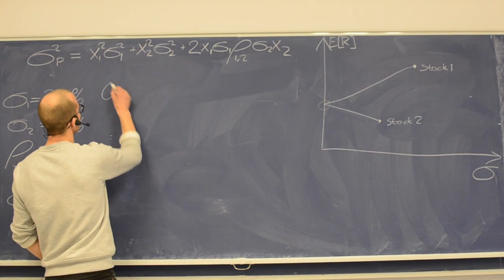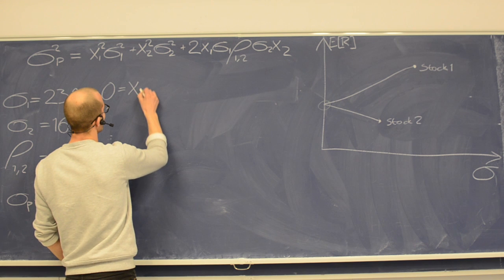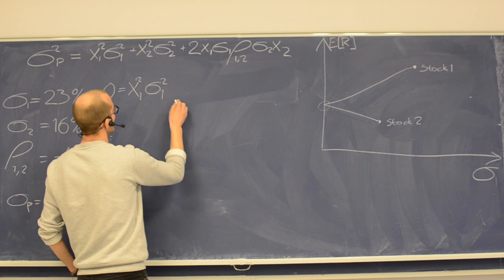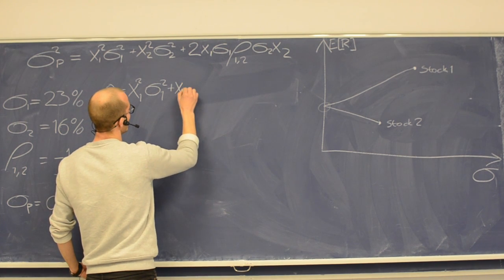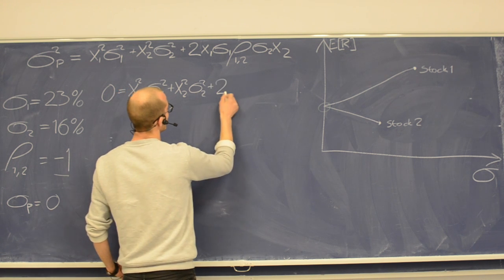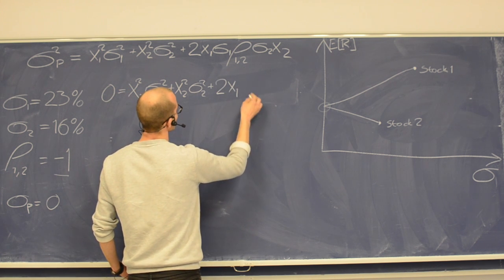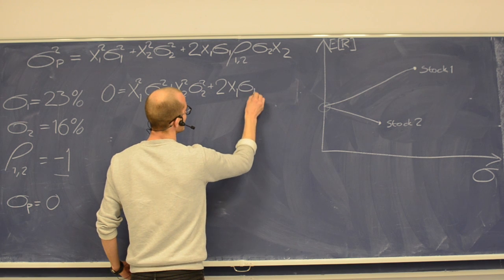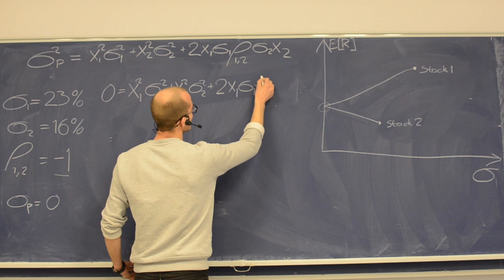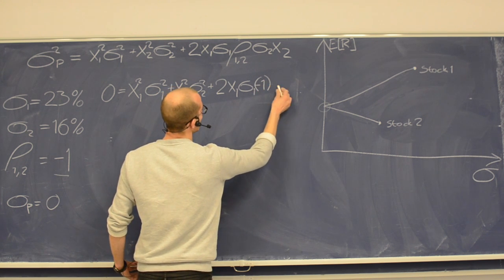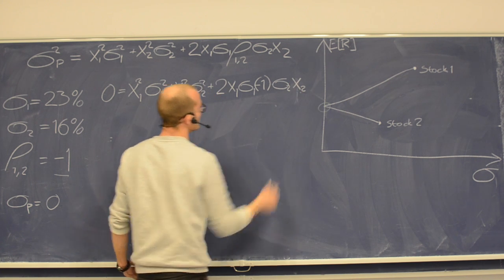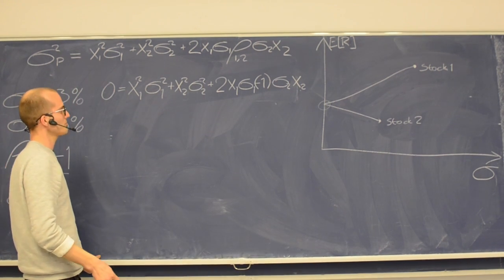So 0 is equal to x1 squared times the variance of 1 plus x2 squared times the variance of 2 plus 2 times x1, which is the weight of 1, times the standard deviation of 1 times the correlation, which is -1, times the standard deviation of 2 times the weight of stock 2.